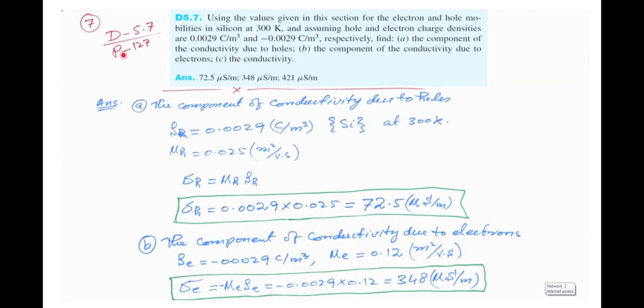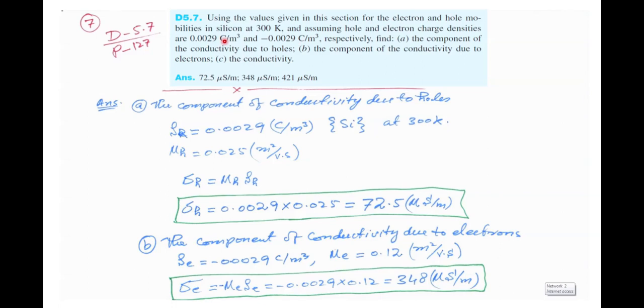Let us try drill problem D5.7 on page 127 of the book. In this problem we are given, using the values given in this section for electron and hole mobilities in silicon at 300 Kelvin, and assuming hole and electron charge densities are 0.029 coulomb per cubic meter and minus 0.0029 coulomb per cubic meter.